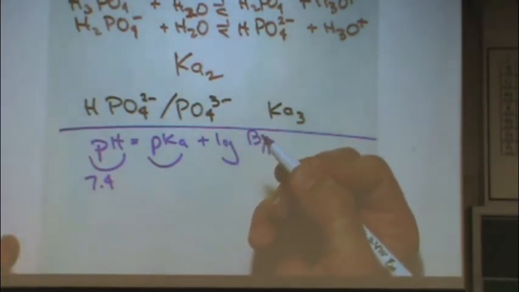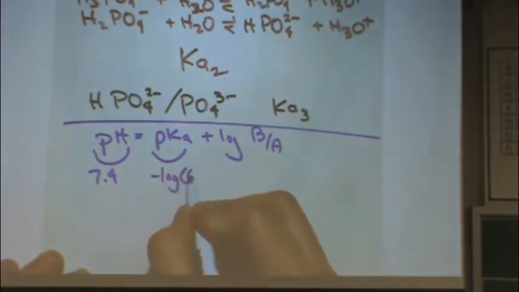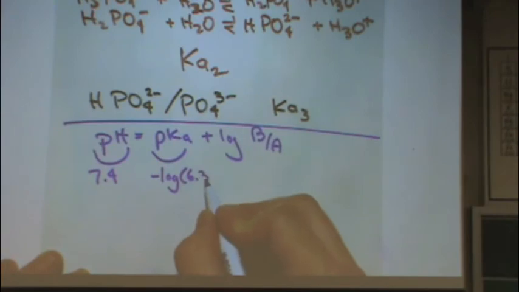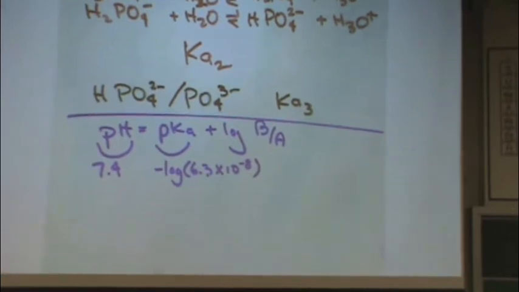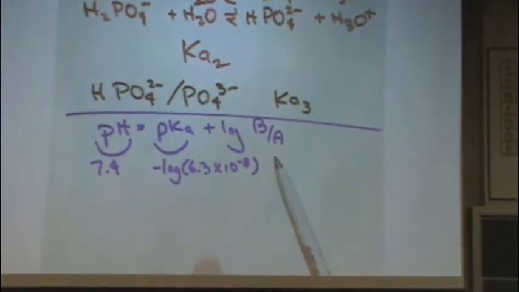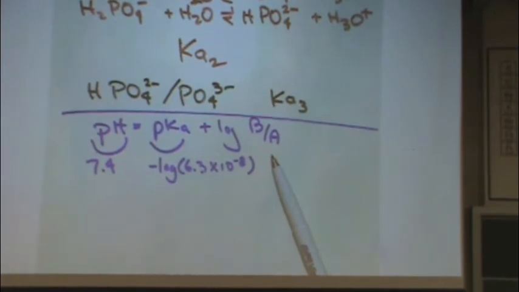This is, let's see if I even figured it out. Oh, I didn't. It's the negative log of the Ka, which is Ka2 specifically, or 6.3 times 10 to the minus 8. Okay? So that's that. What I don't know is this. Can anybody find this number for me really quickly? That'd be helpful.